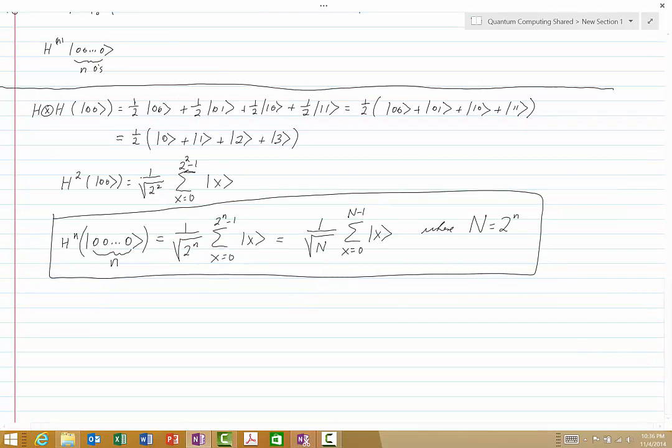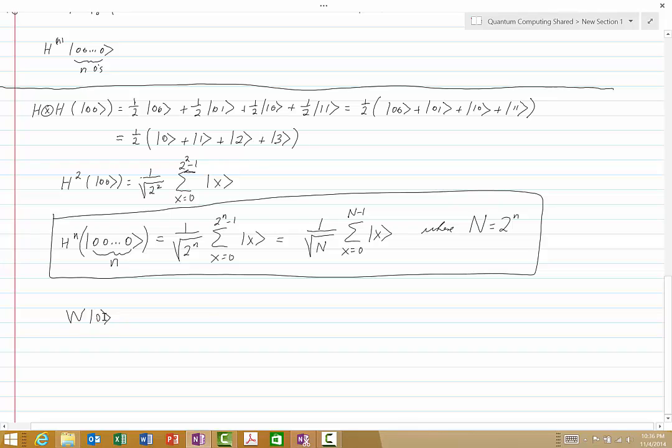Also, be aware that your book will write this same equation in the following form. Instead of having H to the n, they'll just use W for Walsh, and they will just write that state of all zeros as 1 0.